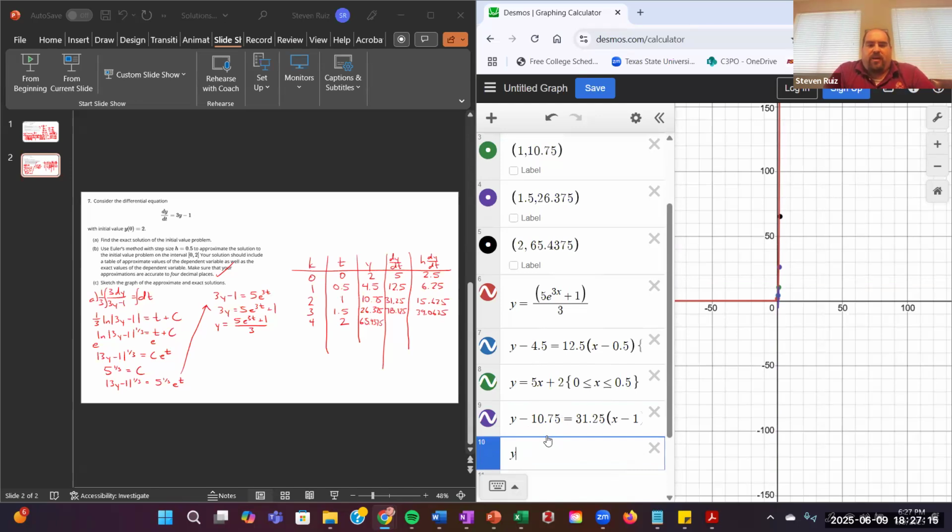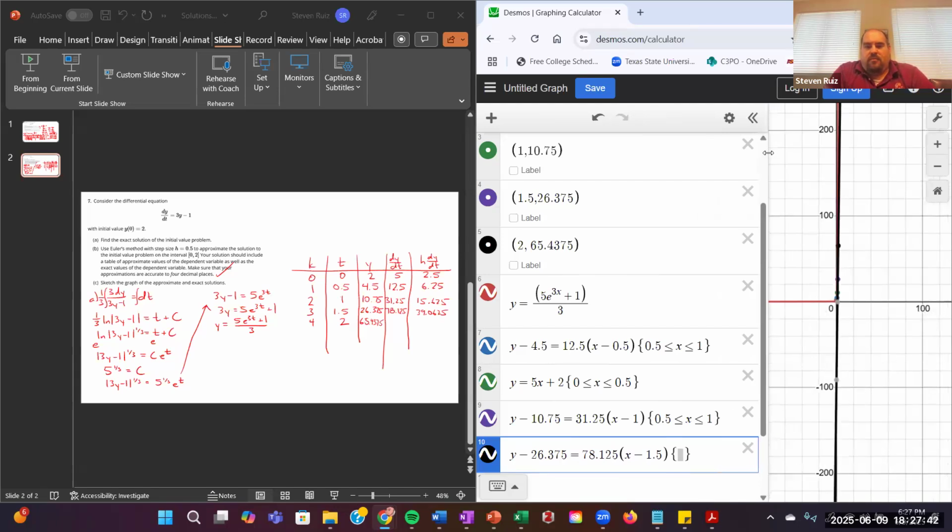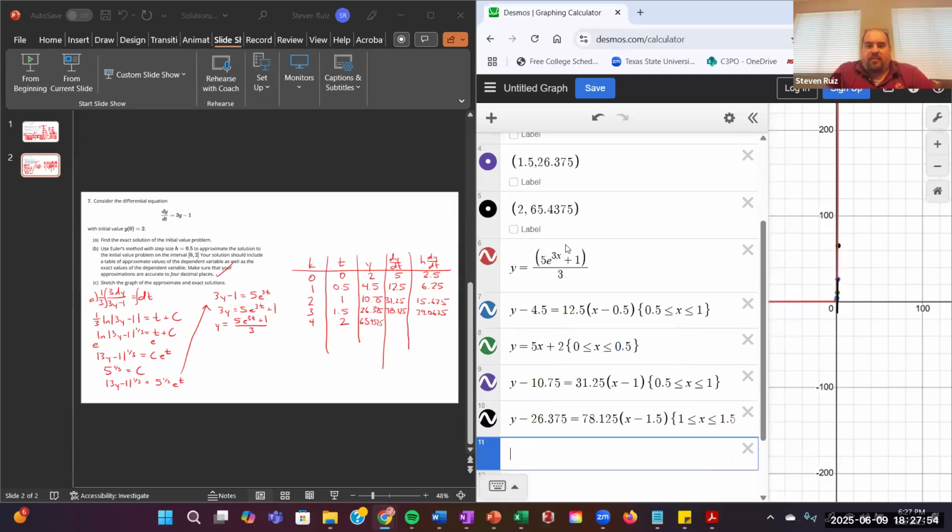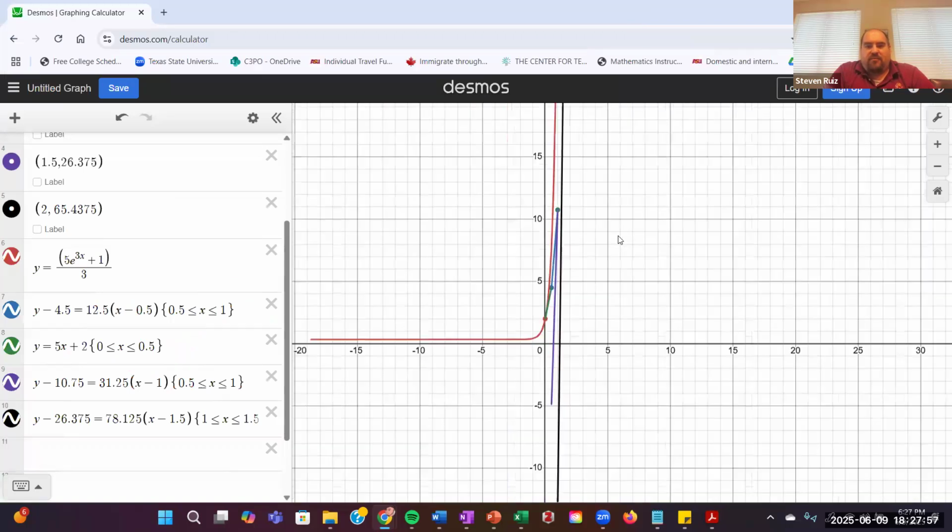And then the next one, y minus 26.375 equals 78.125 times x minus 1.5, and that goes from 1 less than or equal to x less than or equal to 1.5. All right, is that actually what I wanted to do? Let me see. No, not at all. So what did I mess up?